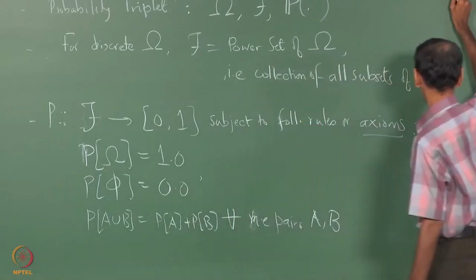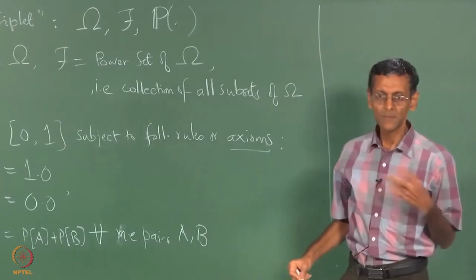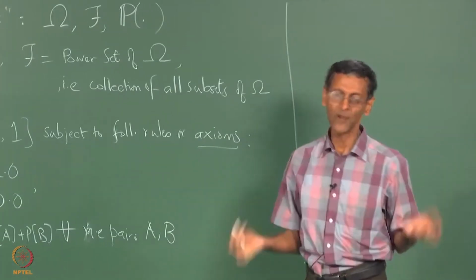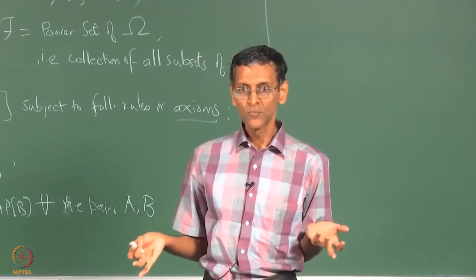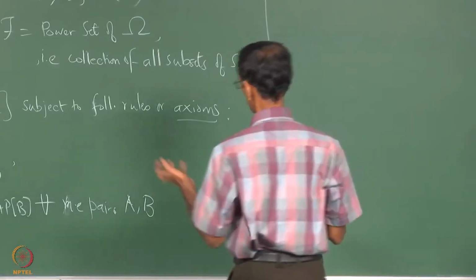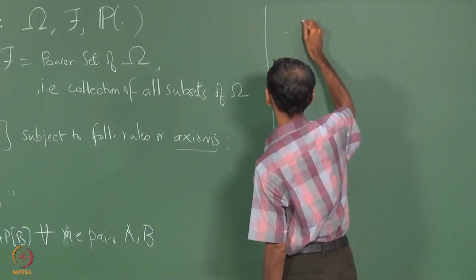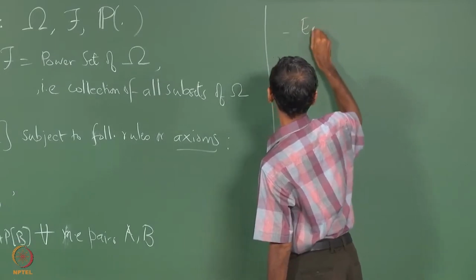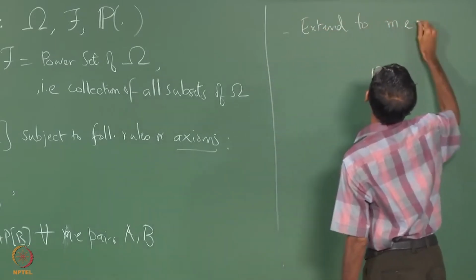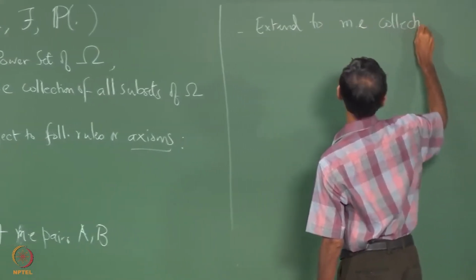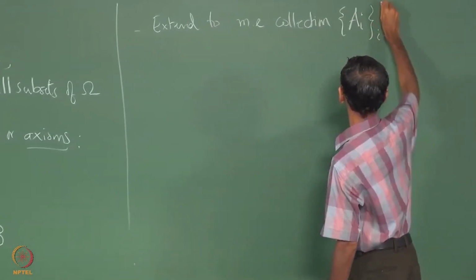Note that if A, B and C are mutually exclusive, then pairwise also they are mutually exclusive. So you can have more than two mutually exclusive subsets in a sub collection. So this extends to axiom number 3, for a mutually exclusive collection A_i, i equal to 1 to n, let us say.